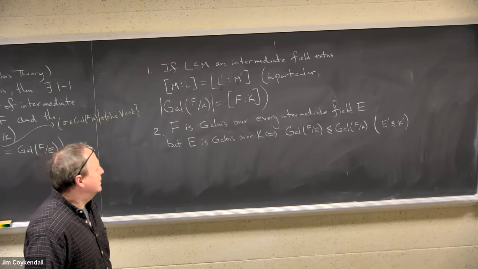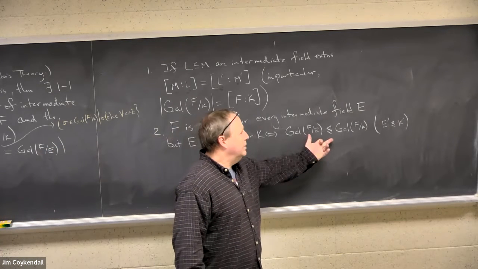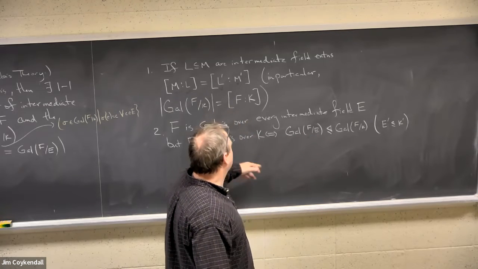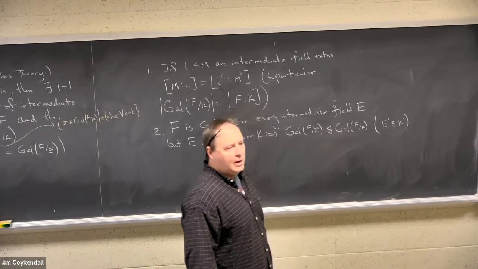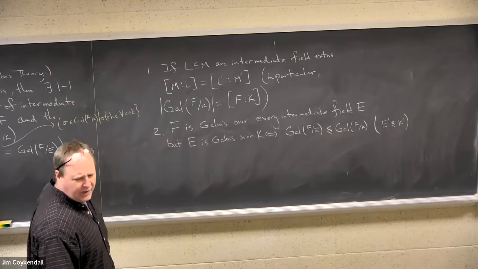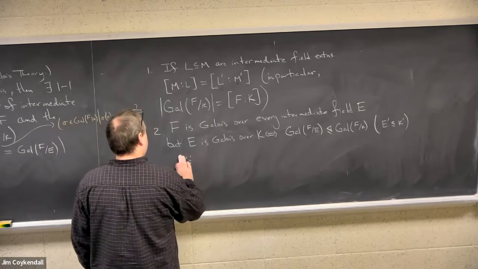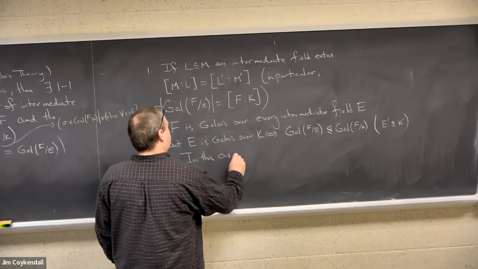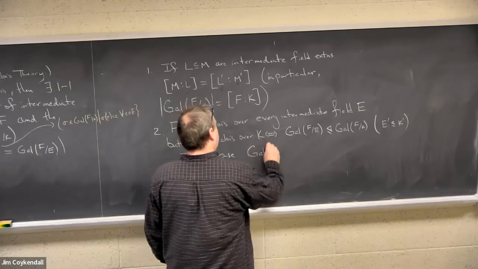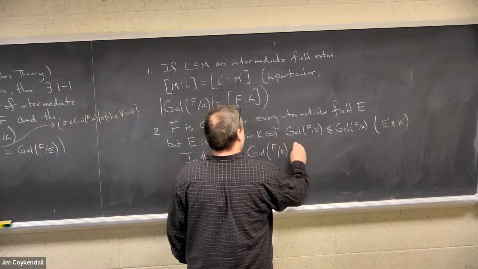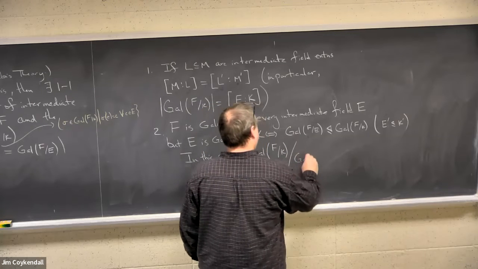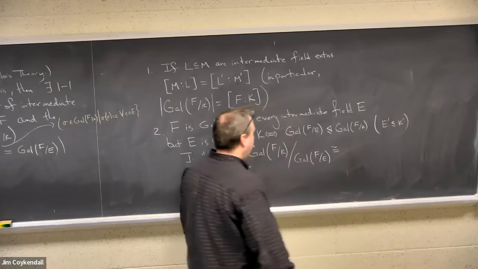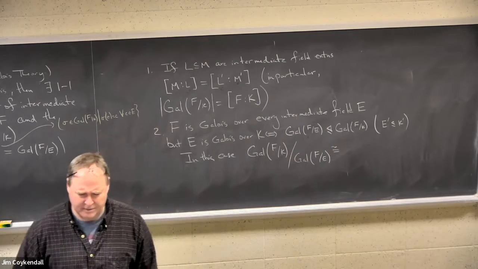And in this case, what happens when you have a normal subgroup? What happens in this case that E is Galois over K? That means this is normal, so I can quotient them out. And in this case, the Galois group. Anybody want to take a guess here?